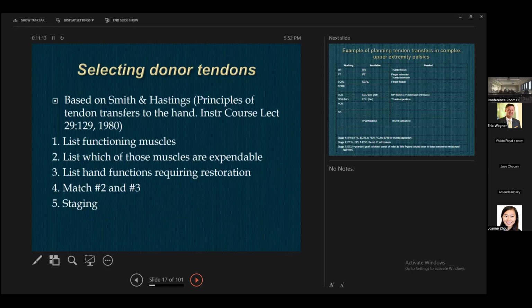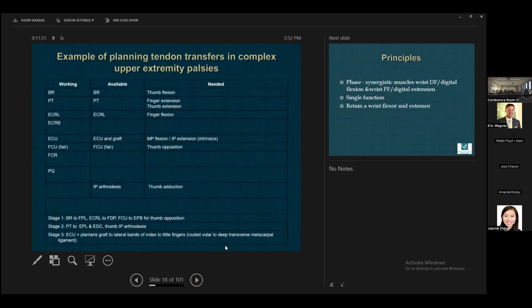So the algorithm is you have a complex paralytic limb, and you list the functioning muscles, you list the muscles that are expendable, you list the functions that require restoration, you match 2 and 3, and then you do the staging. So this is a spinal cord injury patient who needed thumb flexion, finger and thumb extension, finger flexion, intrinsic function, opposition, and adduction.